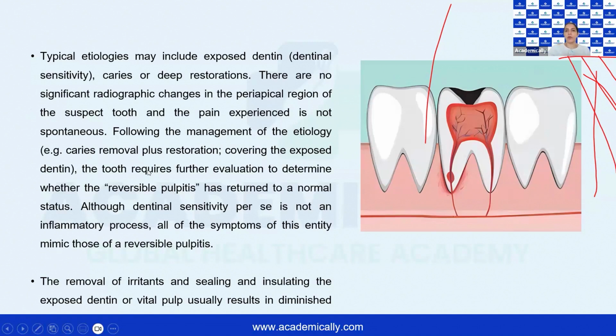So as discussed before, this is not inflammatory, but the pain is similar, and the most critical differential diagnosis is between reversible pulpitis and dentinal hypersensitivity. For irreversible pulpitis, you would be sorted. Either the patient would have sharp shooting night pain, those kinds of things, or will not have pain. It would be going towards death. Removal of the irritants and sealing and insulating the exposed dentine or vital pulp usually results in diminished symptoms.